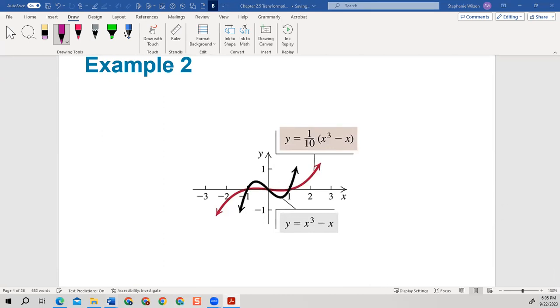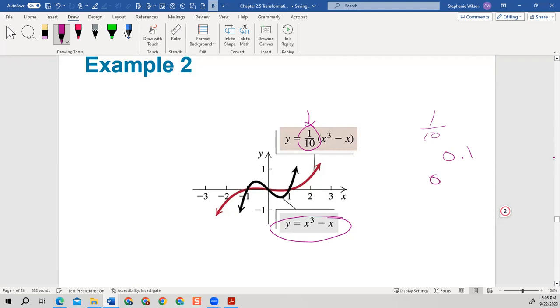In this example 2, we're given the function y equals 1/10 times x cubed minus x. If we just took y equals x cubed minus x and plotted it, that's this black one here, and then we looked at the 1/10. If you divide it out, it gives us 0.1.